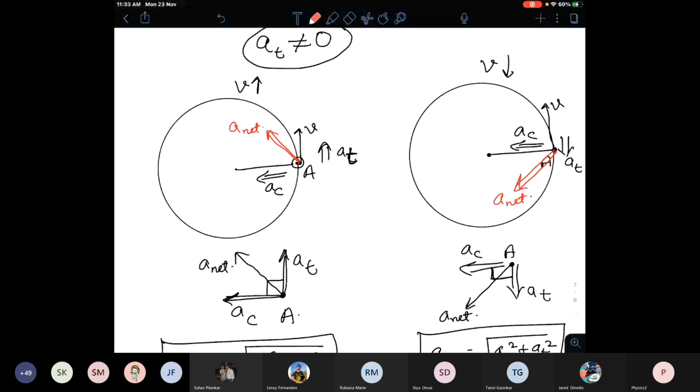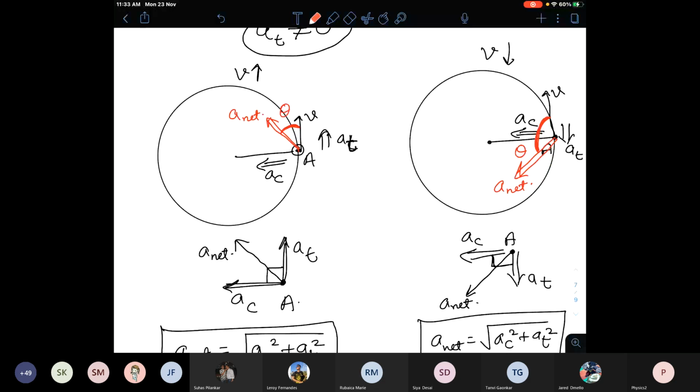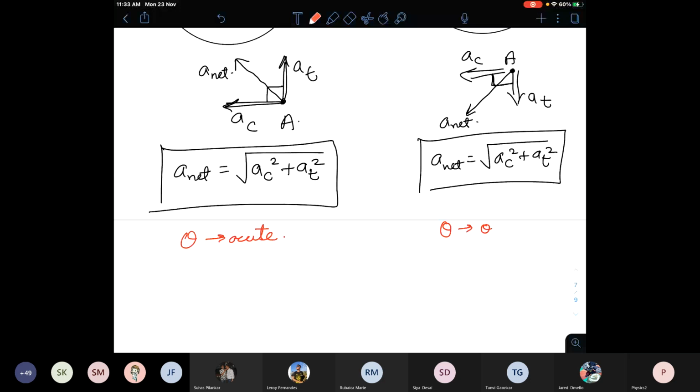If you see in the first case where the velocity was increasing, you can see that the angle between velocity and net acceleration, which is theta, is acute. Theta in the first case is acute, and the angle between velocity and net acceleration in the second case, that is this, here theta is obtuse.